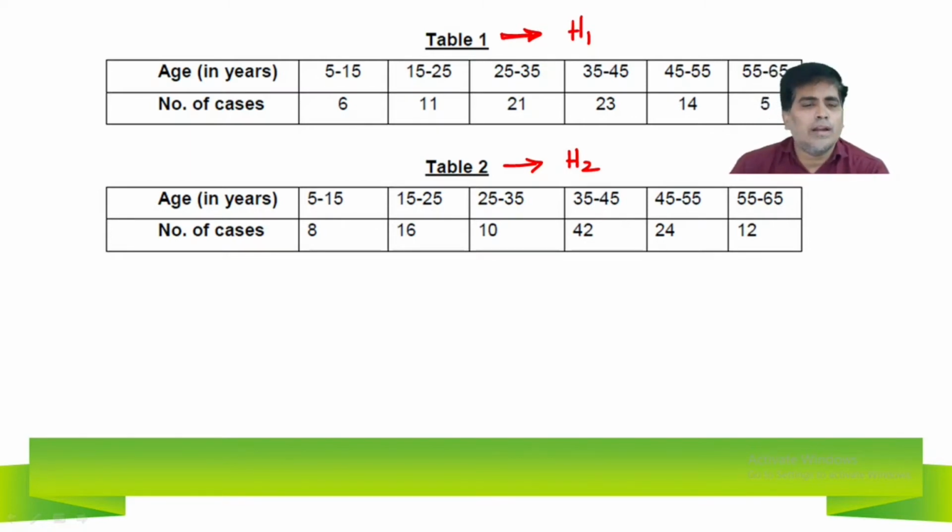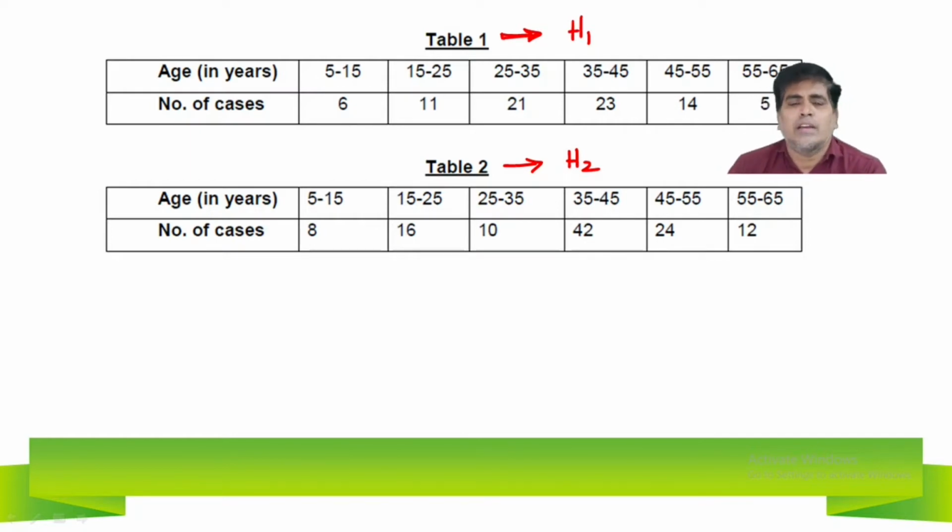If you look at table number 1, the ages in years and number of cases: 5 to 15, 6 cases; 15 to 25, 11 cases; 25 to 35, 21 cases; 35 to 45, 23 cases; 45 to 55, 14 cases; 55 to 65, only 5 cases.